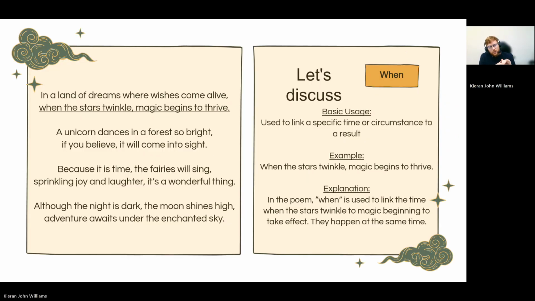So let's look at this example here. When the stars twinkle, magic begins to thrive. So this is used to link a specific time, when the stars twinkle, and then the result of that thing: magic begins to thrive. So in this poem, when is used to link the time when the stars twinkle to the magic beginning to take effect. Okay, so they happen at the same time.